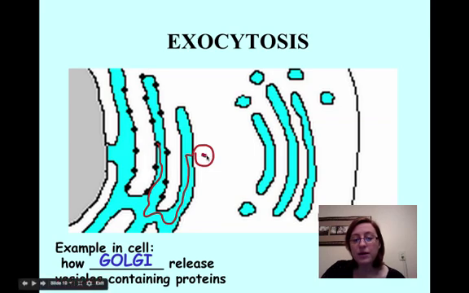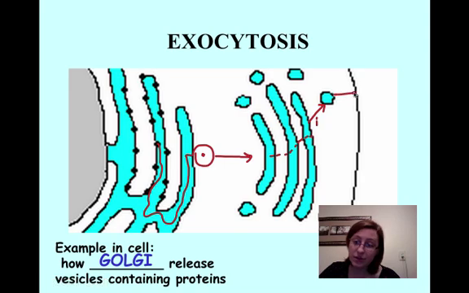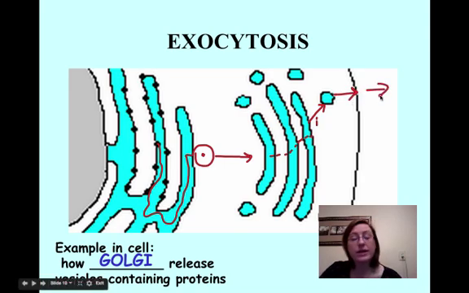Right? Okay, it's going to move via a vesicle. And it's going to go into the Golgi through endocytosis. And then it's going to move through, and then it's going to be put into a secretory vesicle. And then that vesicle is going to fuse with the cell membrane, and then your protein product is going to be outside of the cell.